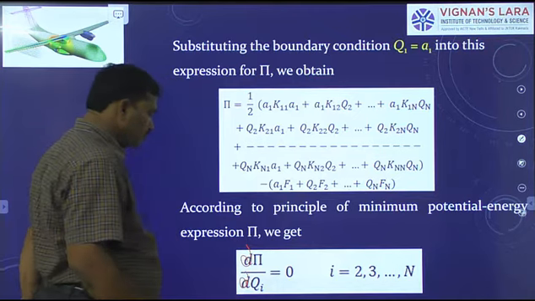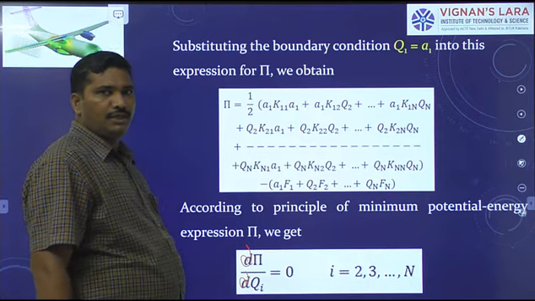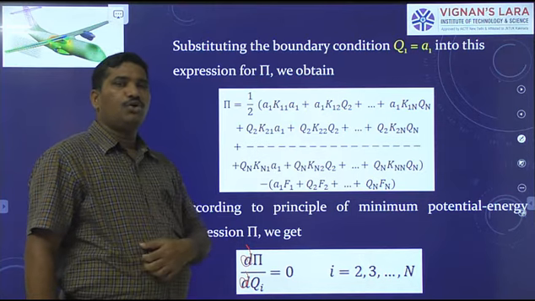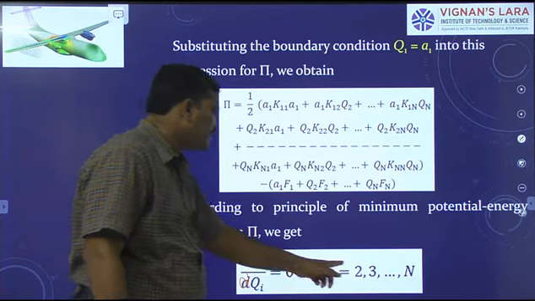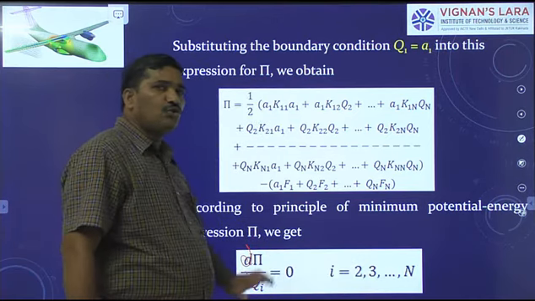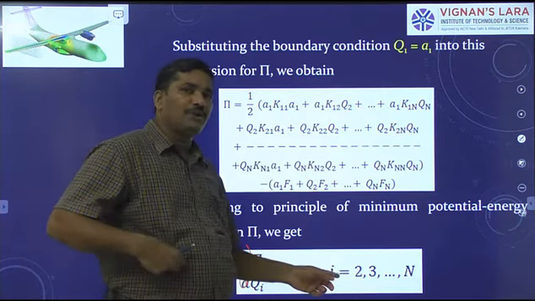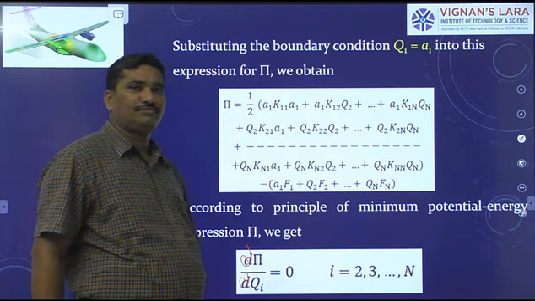Because Q1 is the known displacement, i varies from 2 to n. If Q1 and Q2 are also known displacements, then i varies from 3 to n.